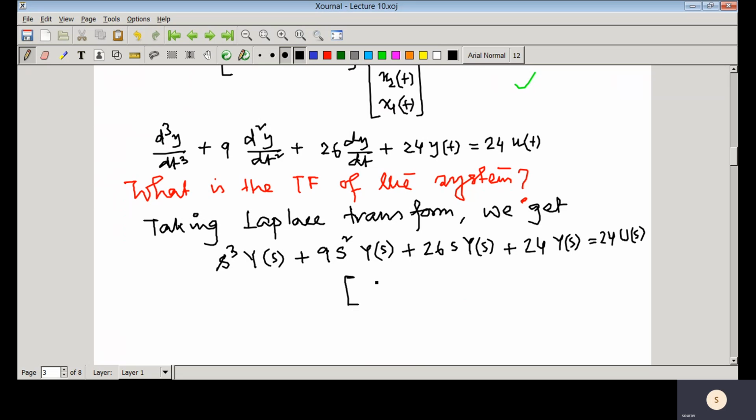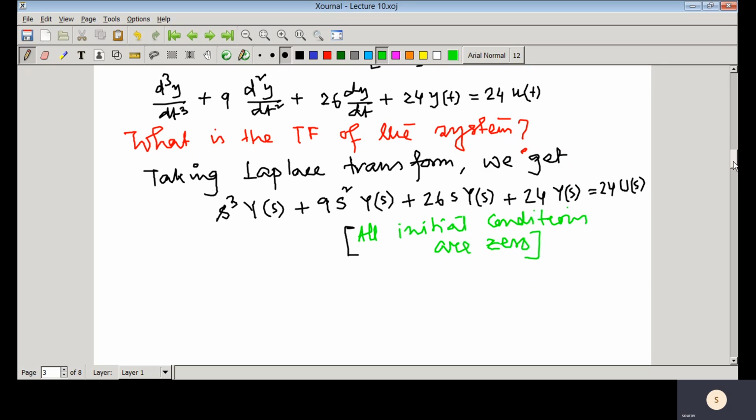Here I am writing all initial conditions are 0, because in case of transfer function based modeling, we need to consider that all initial conditions should be equal to 0. We have discussed it already.